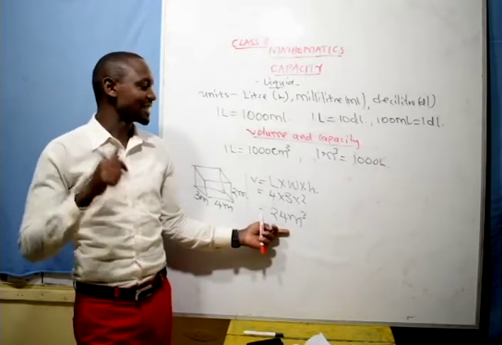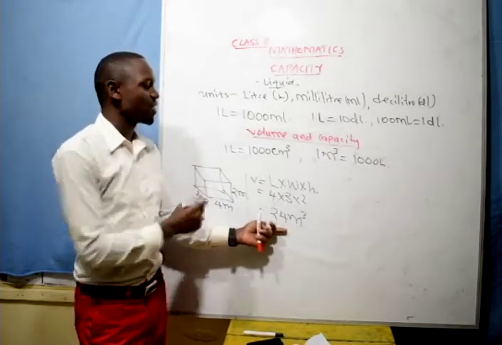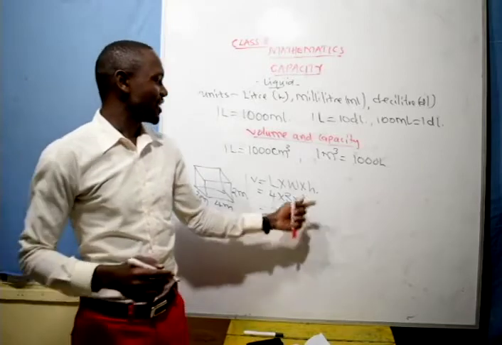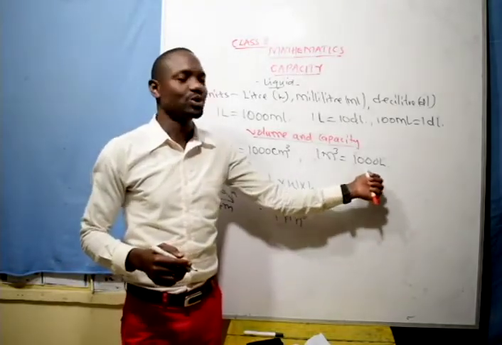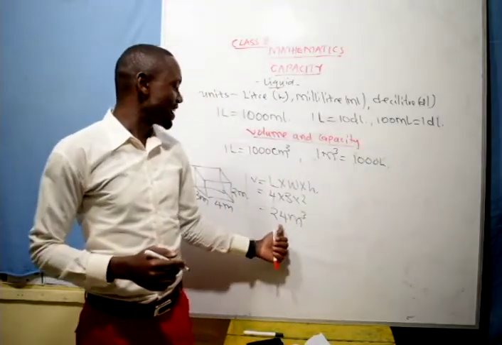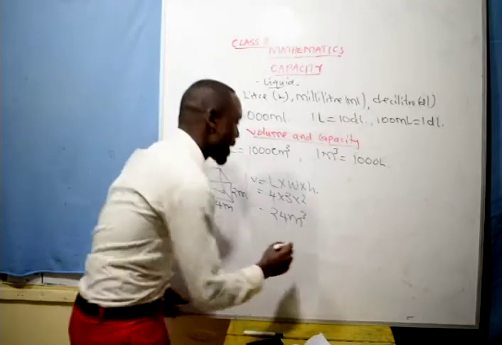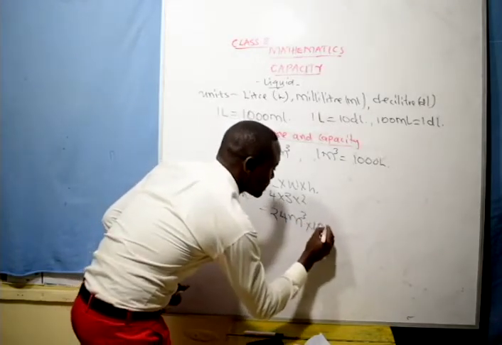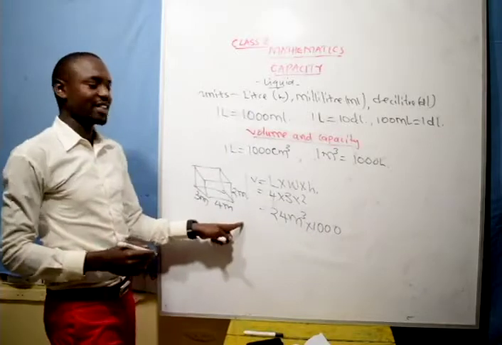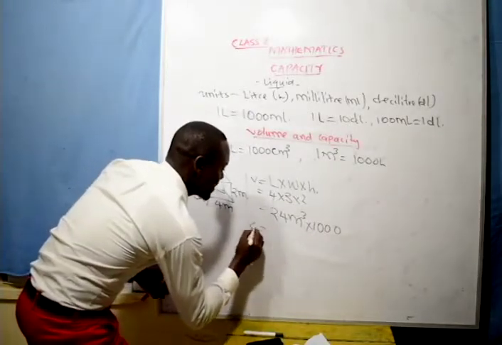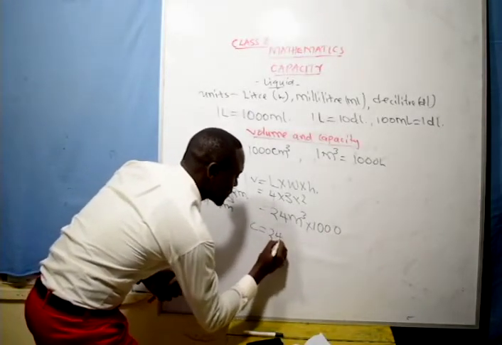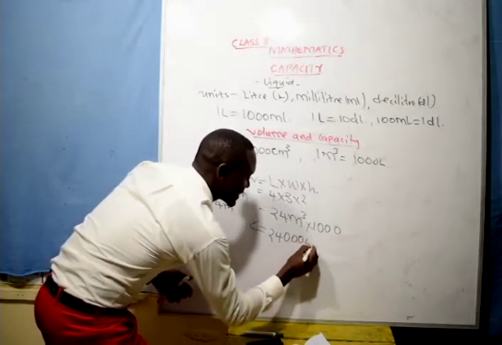The question is asking how many liters this container will hold. Given that 1 cubic meter is equal to 1,000 liters, to convert cubic meters to liters we multiply by 1,000. So the capacity of this tank will be 24,000 liters.